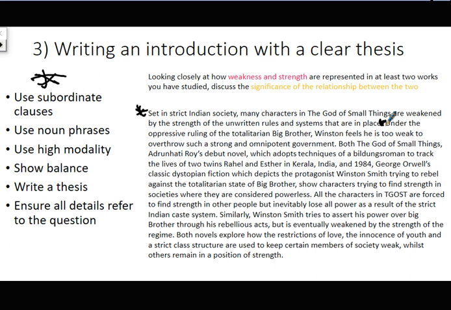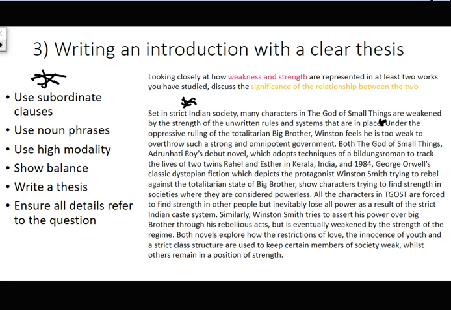It's also a really good way of adding more information, and you can see that in the Criteria A video, the use of subordinate clauses to just make sure that you're adding extra knowledge like this, the strict Indian society, and under the oppressive ruling of the totalitarian Big Brother. We are instantly showing that we know these novels.